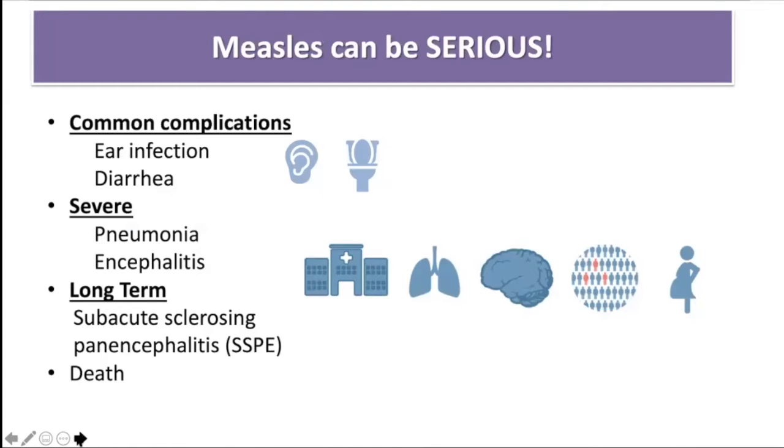Measles is really dangerous. It can be serious. It can lead to complications, the more common of which is otitis media. But the more common cause of death would be measles pneumonia. Who are likely to suffer severe complications from measles?